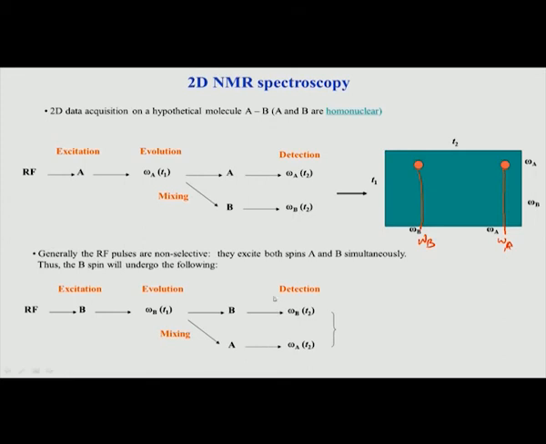So, after the second pulse, when we actually detect the signal, the magnetization which remains on B, which did not get transferred to A, will get excited and will now start evolving with the frequency of B during T2. And the transfer which goes to A now gets excited as A and will oscillate with the chemical shift of A. So, now let us see how the Fourier transform happens.